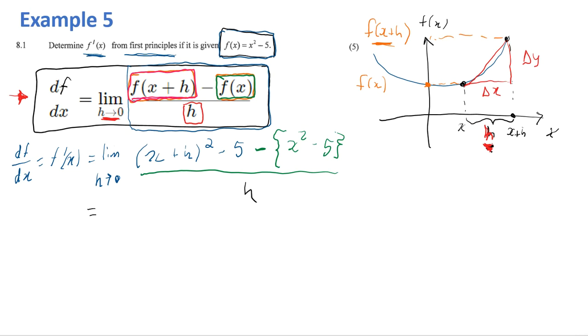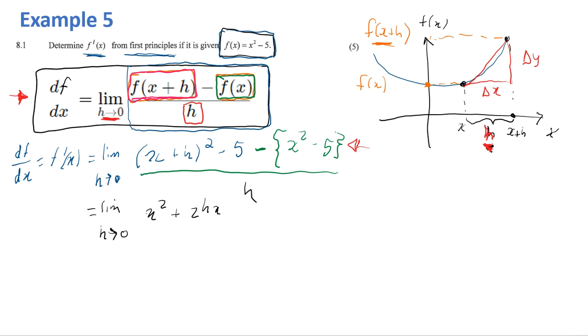Okay, now we have to simplify things in the top here a bit. Do that. It's still written as the limit of h approaches 0, and we get x squared plus 2hx minus 5 plus, oh, I should do that a little bit better.